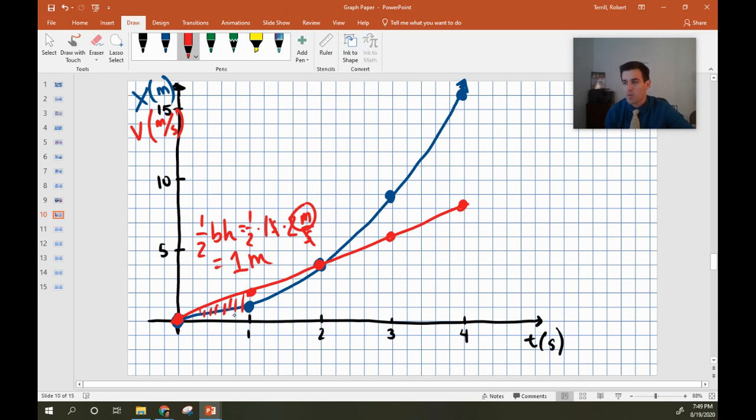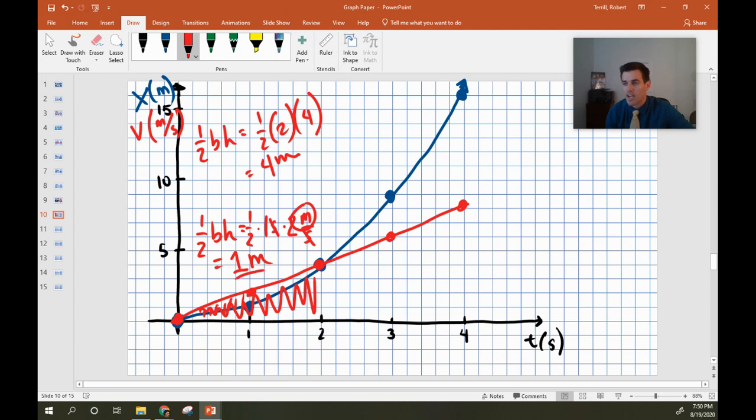If I move forward and I do not the area from 0 to 1, but the area under the red line from 0 to 2, so this whole area there, that's going to be 1/2 base times height again, except now my base is 2, and my height on the red line is all the way up to 4. 1/2 times 2, those cancel, and I get 4 meters. And notice that the blue dot is at 4 meters.